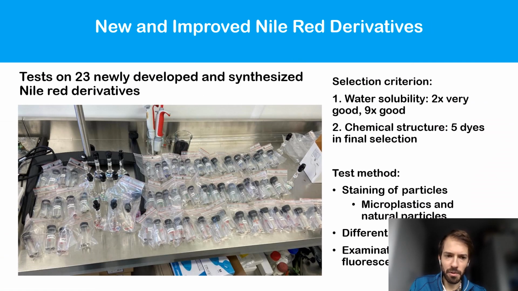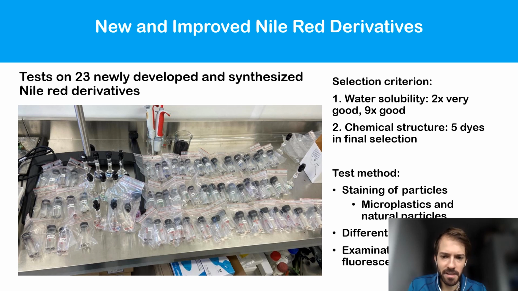But before, I wanted to say something about the fluorescent stain which we use. We use a newly developed and improved Nile red derivative. In a longer research project, we tested and developed 23 new Nile red derivatives for improved microplastics detection.